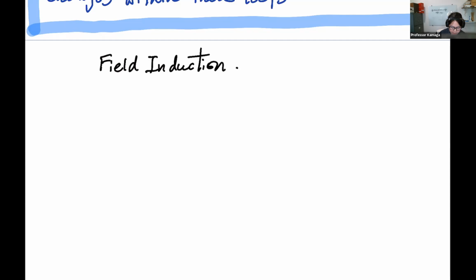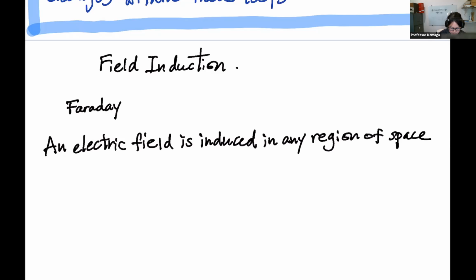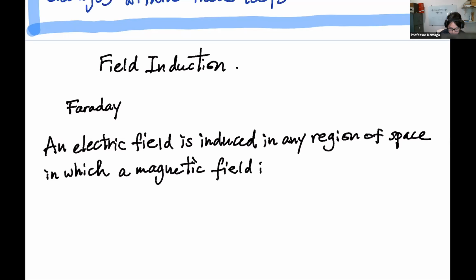So Faraday mentioned that an electric field is induced in any region of space in which a magnetic field is changing with time.